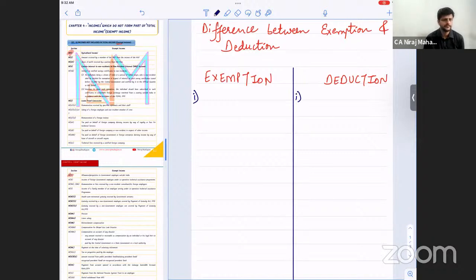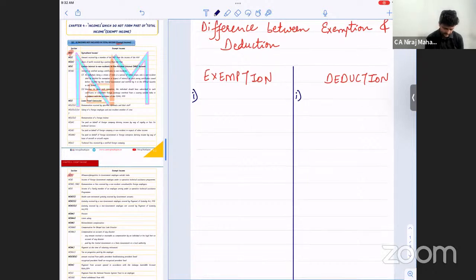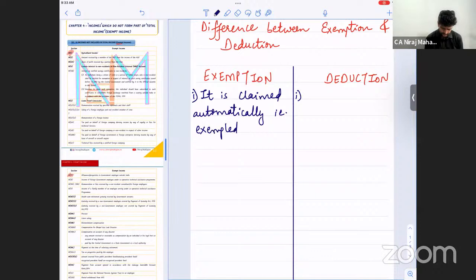Ready, everybody? Exemption: it is claimed automatically, that is, exempted at source itself. Very important.